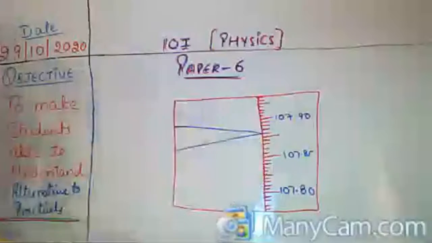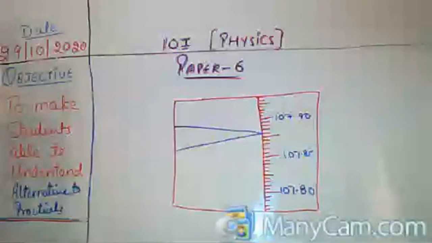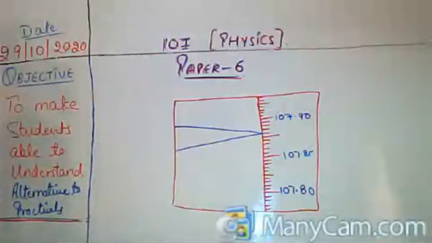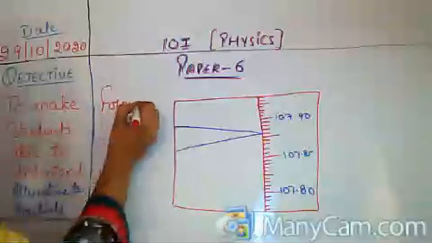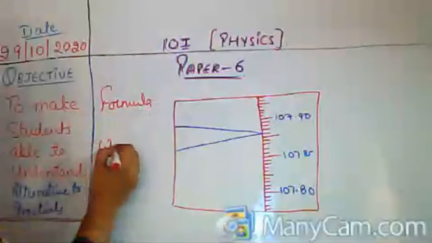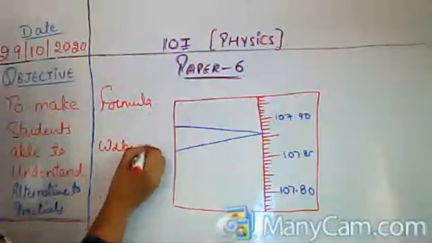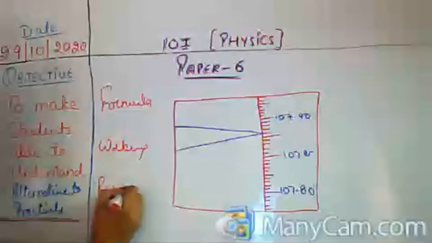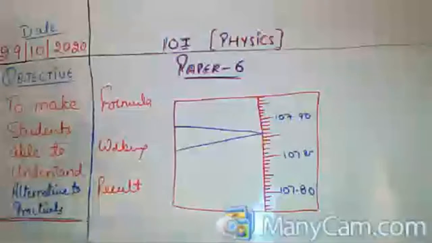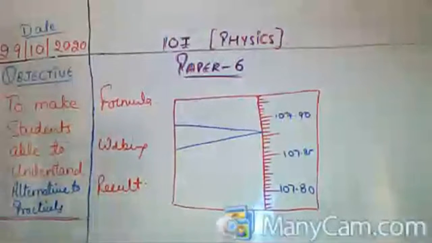Tell me the reading with respect to this marker. And I need the working as well as the formula. So first you have to write the formula, then show working, and then is going to be your result. And accuracy is a must.